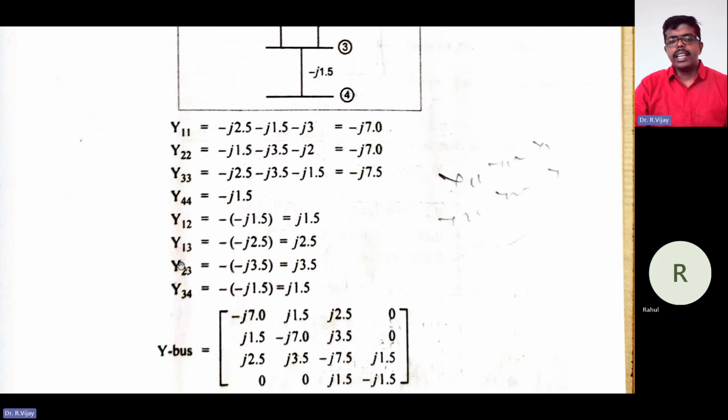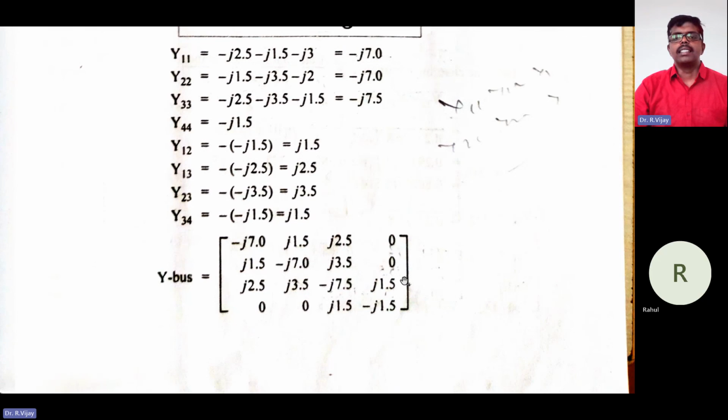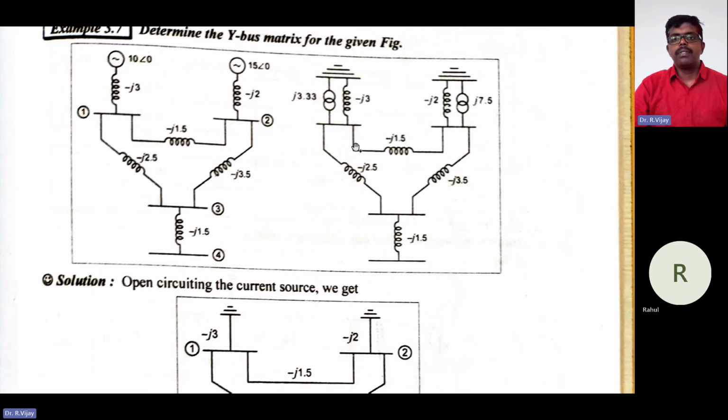So you take all the values and substitute them in matrix form: Y11, Y12, Y13, Y14, Y21, Y22, Y23, Y24, Y31, Y32, Y33, Y34, and Y41, Y42, Y43, Y44. Just by substituting, you get the Y-bus matrix like this. This is the answer for this particular problem.